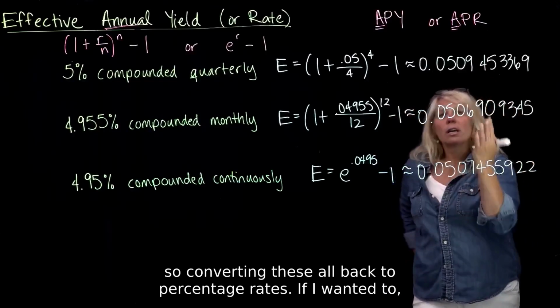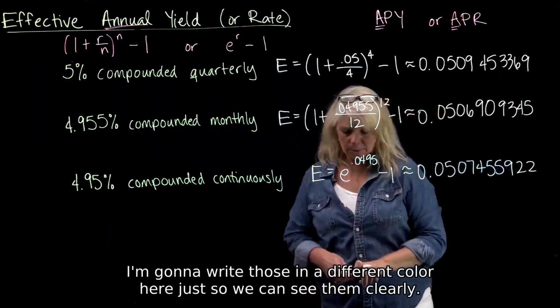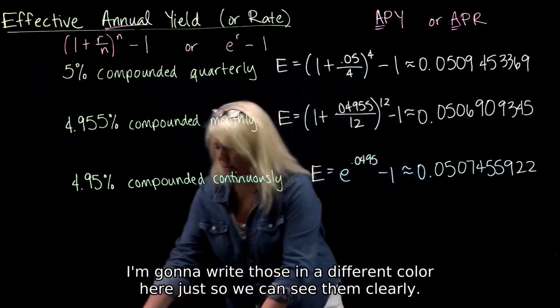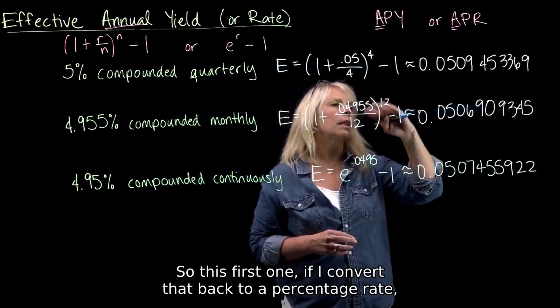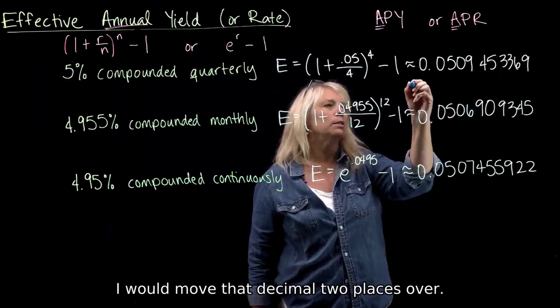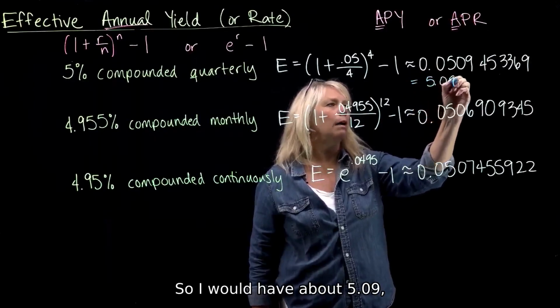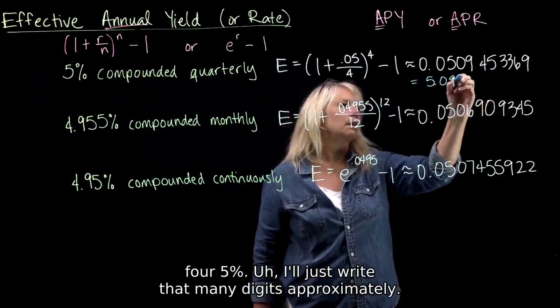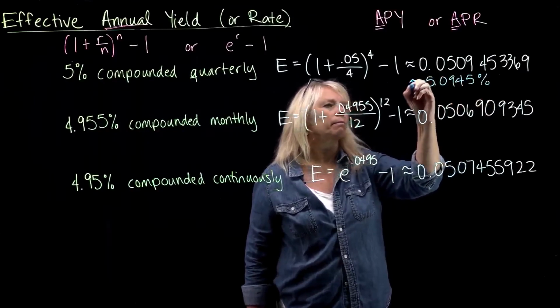Converting these all back to percentage rates, I'm going to write those in a different color so we can see them clearly. This first one, if I convert that back to a percentage rate, I would move that decimal 2 places over, so I would have about 5.0945%. I'll just write that many digits approximately.